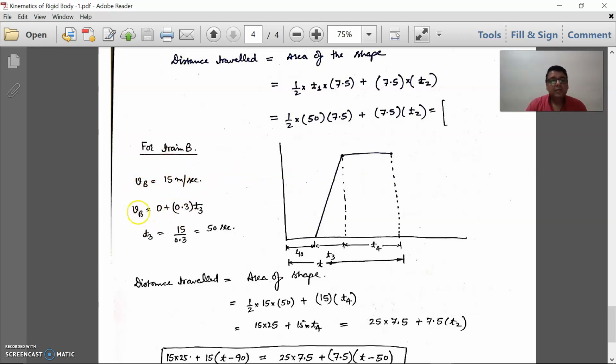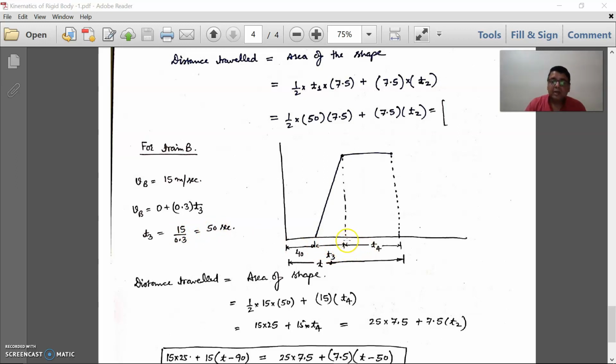So with v is equal to u plus at, I got t3, the time taken from zero velocity to this velocity, and t3 is equal to 50 seconds.